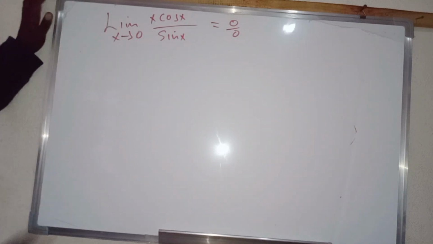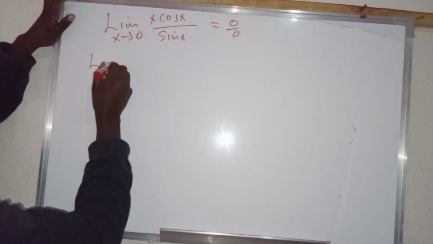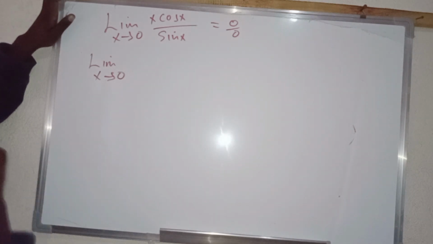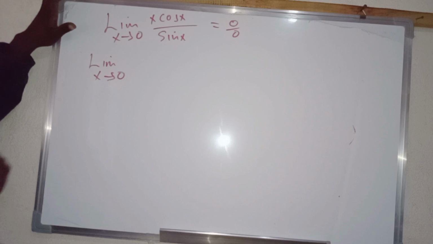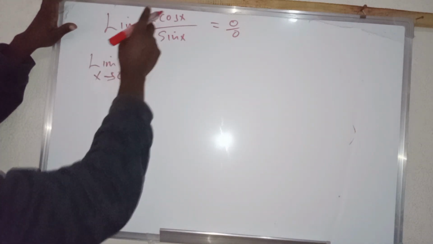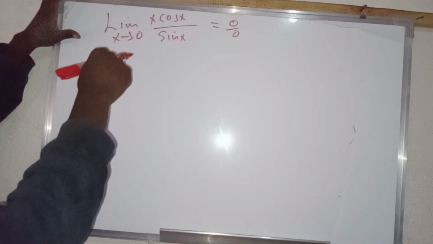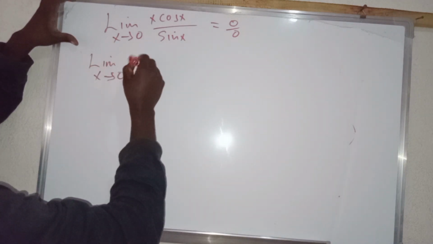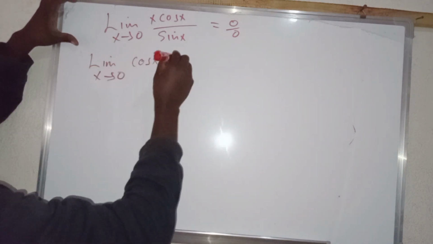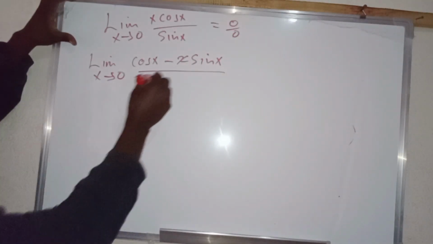You differentiate the numerator and denominator separately. It will be the limit as x approaches 0. You have two factors on the numerator side, so you use the product rule. You find the derivative of x and hold the cos, plus you find the derivative of cos and hold the x. So it will be cos x minus x sin x, and the derivative of sin x is cos x.